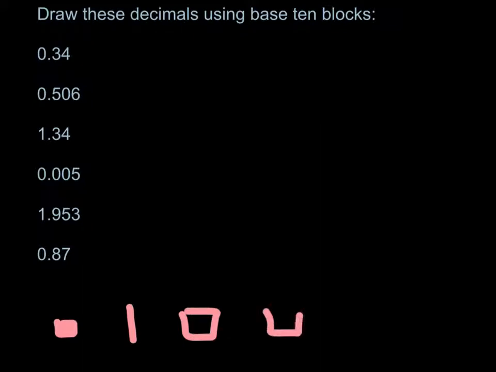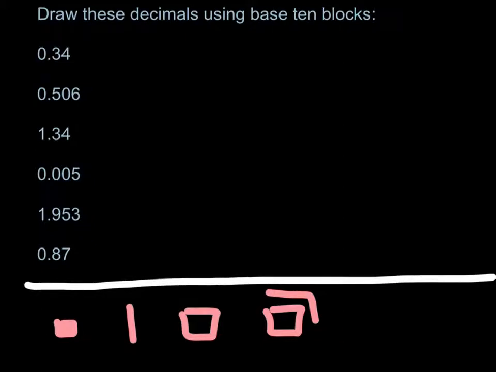And we have the big cube symbol, which represents 1000. Using these symbols, we are going to draw the following decimals using the base 10 blocks. I'm going to do the first 2 with you. I would like you to try the rest on your own on your whiteboard.